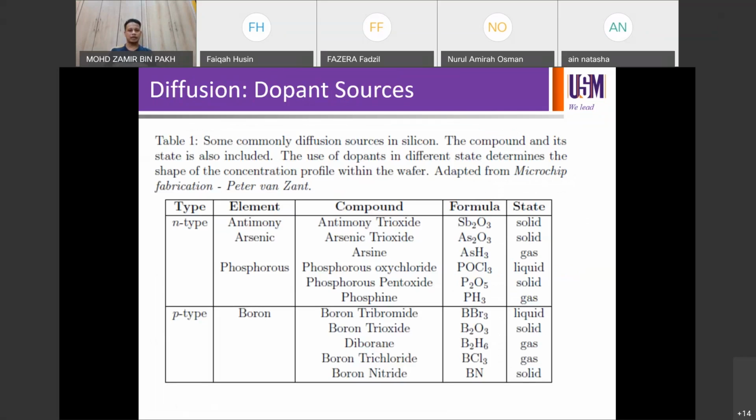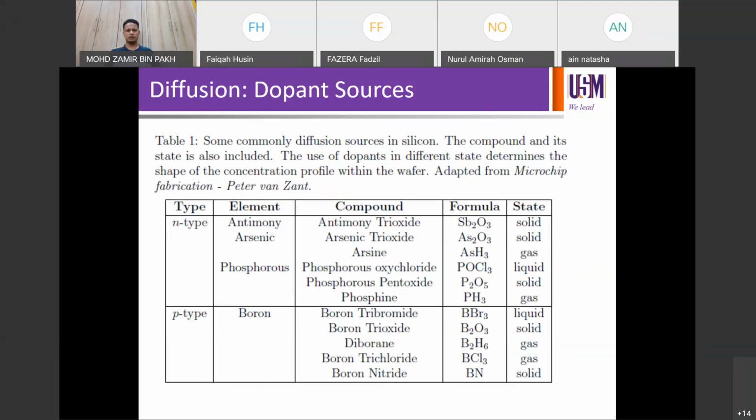All right, so let's look at the source of your dopants. Right, source of dopants. So if you look at N-type, we have a couple of dopants that we can use: antimony, arsenic, phosphorus, and the source can be antimony trioxide, Sb2O3, arsenic trioxide, arsine. Arsine is typically used in IC fabrication, AsH3.